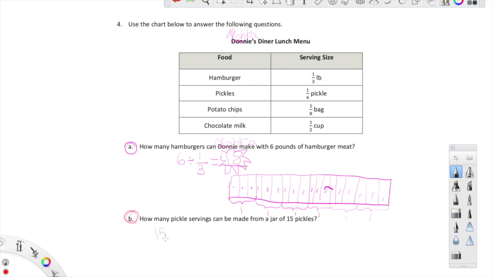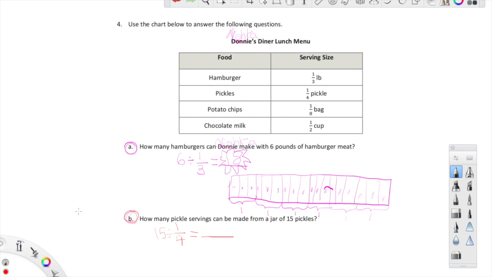Okay, 15 divided by the serving size of pickles, which is 1/4. So 15 divided by 1/4. Great, so that will equal the answer we get.